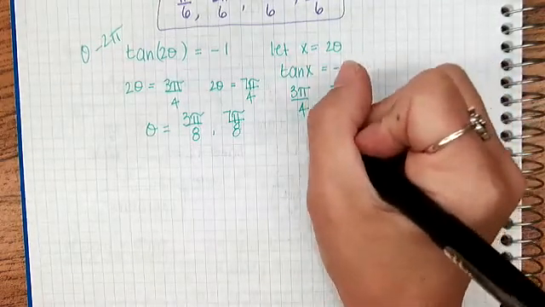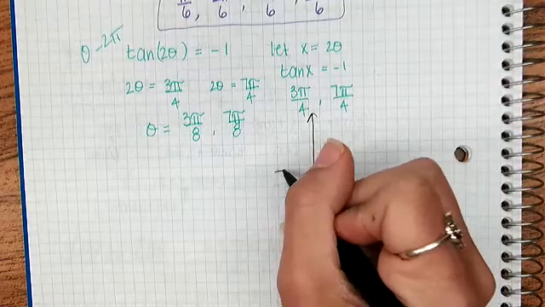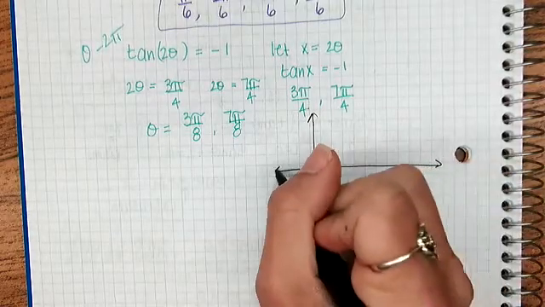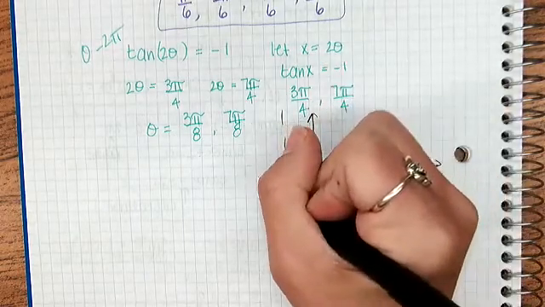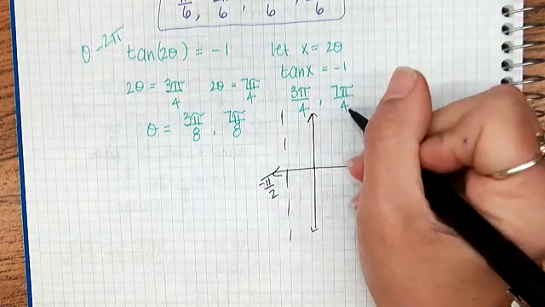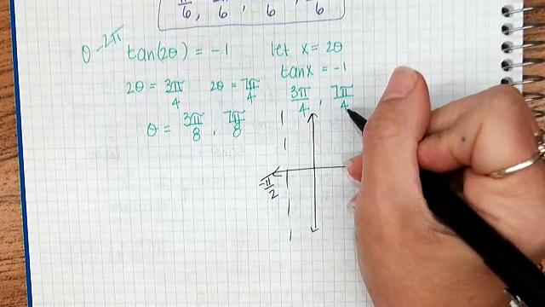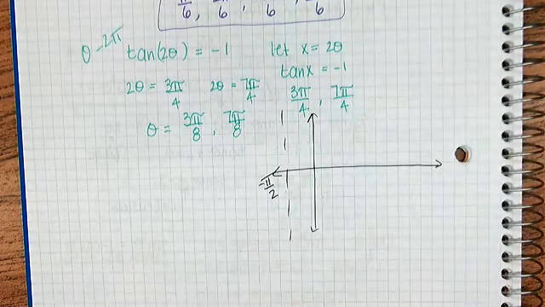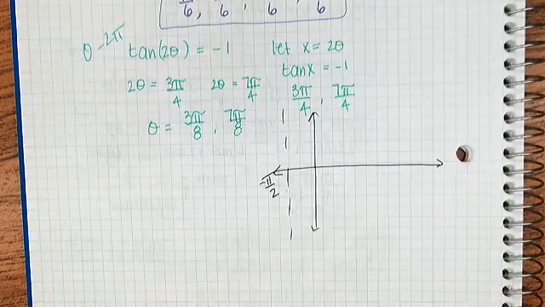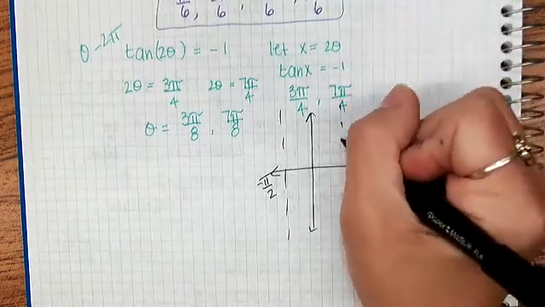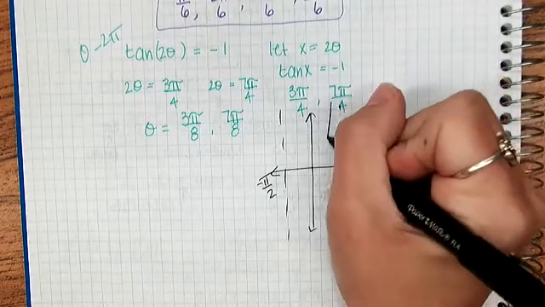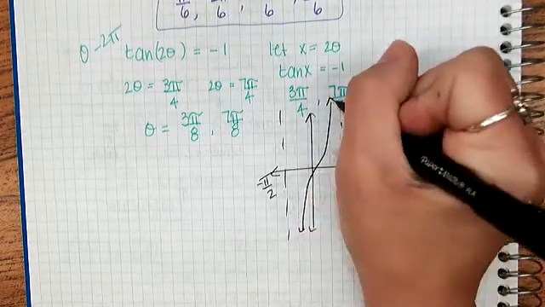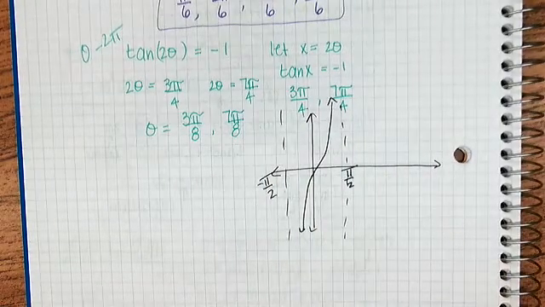I'm going to draw a negative pi over 2. Here's the graph of tangent. That's the parent from negative pi over 2 to positive pi over 2.